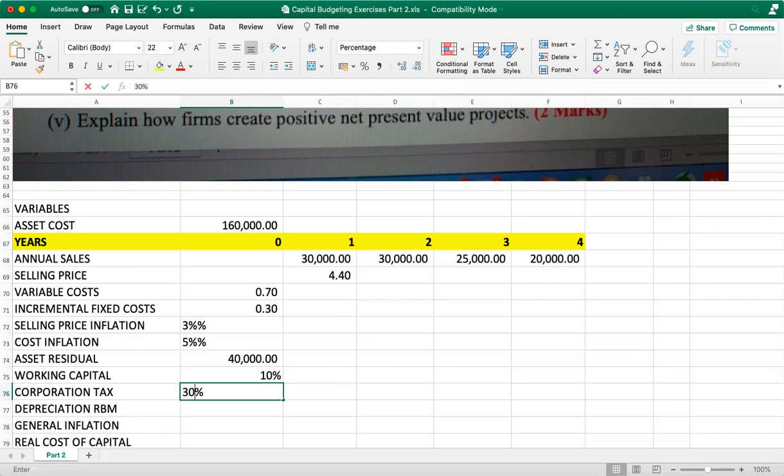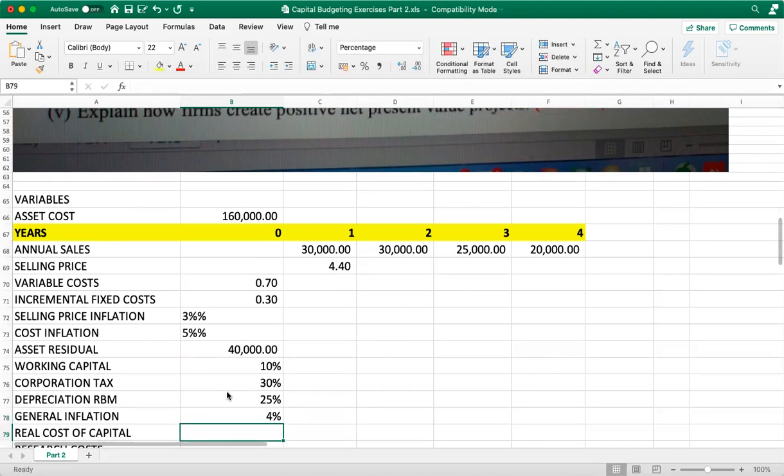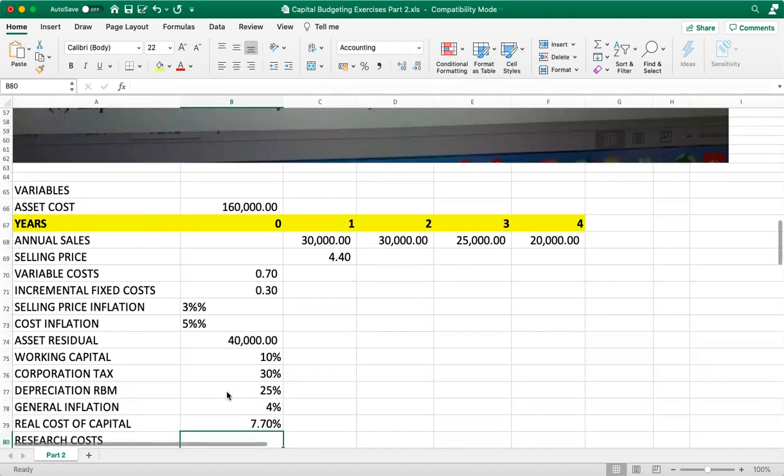Corporation tax, according to the question, is 30%. Depreciation at reducing balance method is 25%. General inflation, we are told, is 4%. Real cost of capital is 7.7%. Research costs, 12,000.